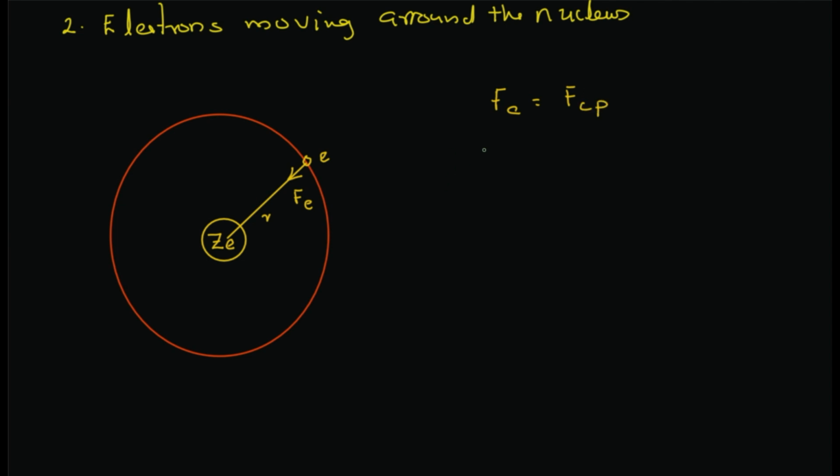Fe will be k Z e squared over R squared. Again, that is equal to m v squared over R. Here, m is the mass of the electron, v is the tangential velocity, and R is the radius.